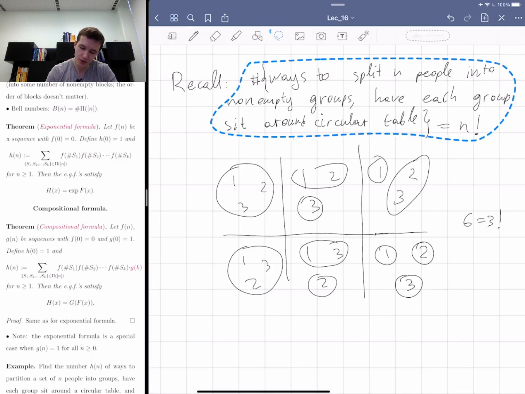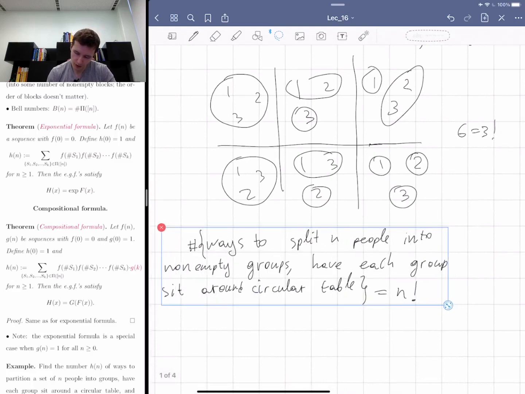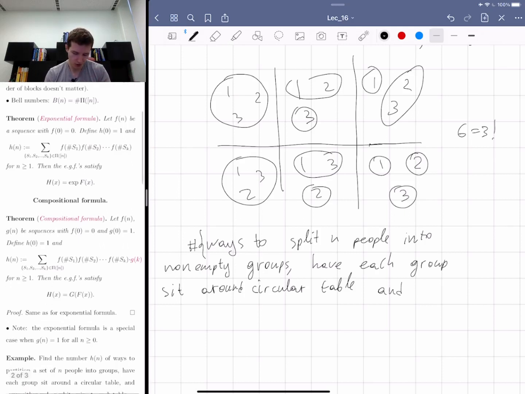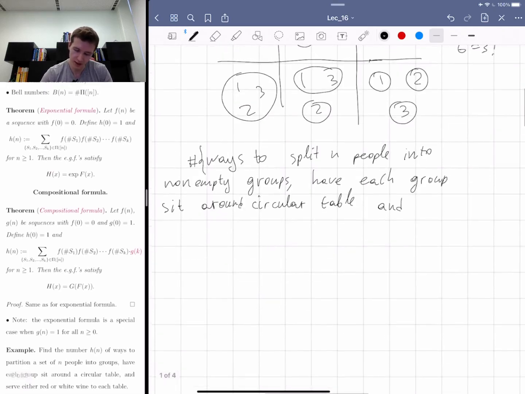Each group sits around its own circular table, and to continue the wedding analogy, I want to color each table in one of two colors. I'm going to use the wine analogy. It's a good analogy.